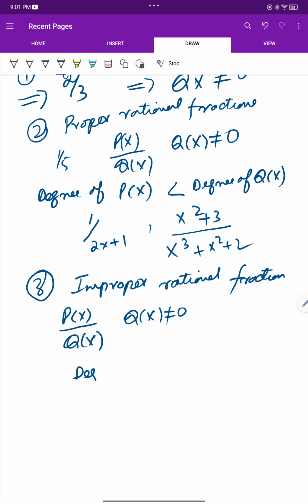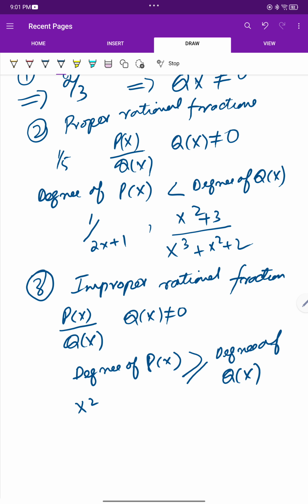In simple words, the degree of p(x) is greater than or equal to the degree of q(x). In this case, improper rational fraction, the degree of p(x) will be greater than or equal to the degree of q(x).